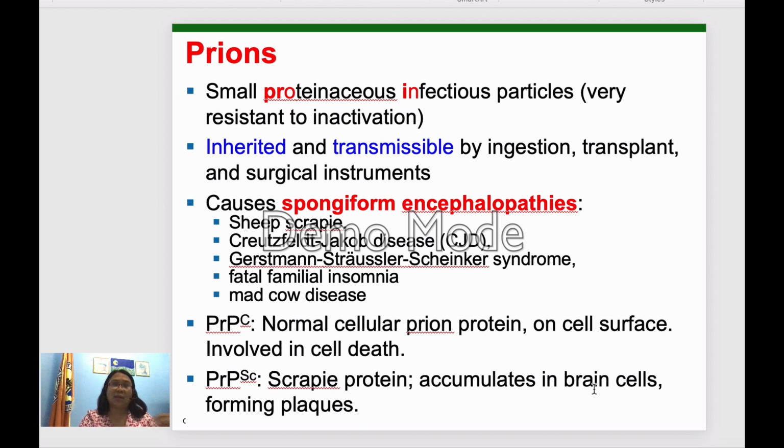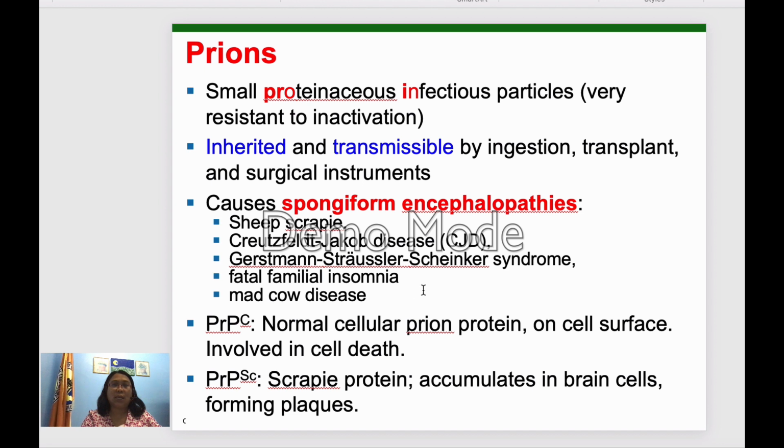Can you imagine that? There are researchers who tell us that prions are the cause of the following spongiform encephalopathies in humans: Creutzfeldt-Jakob disease or CJD, Gerstmann-Straussler-Scheinker syndrome, and then the most famous, fatal familial insomnia, the one in which you cannot sleep.